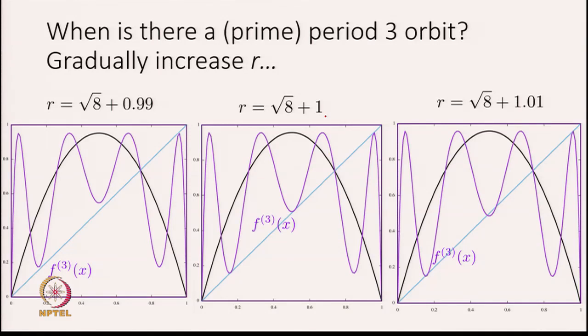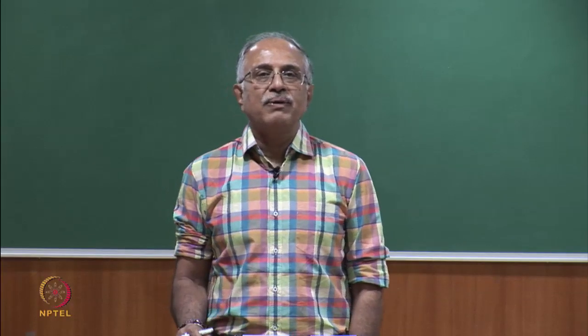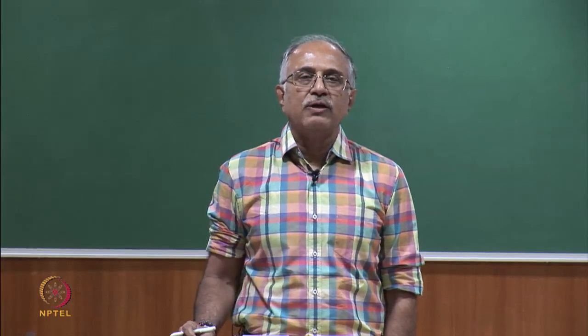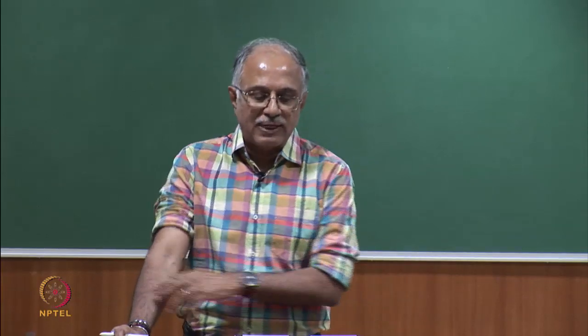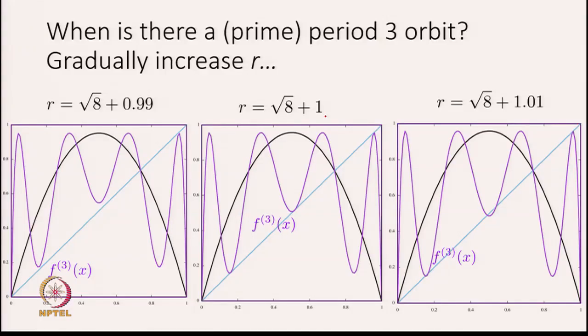Why this is and so on will come up in one of the homeworks, but let us look at the map near this value of r is equal to square root of 8 plus 1. To find an orbit of prime period 3, we have to look at the third composition of the map, f of x, which we have abbreviated as f to the 3 of x.